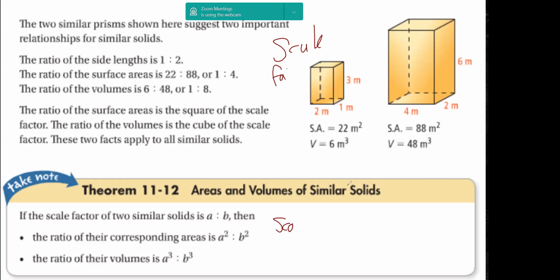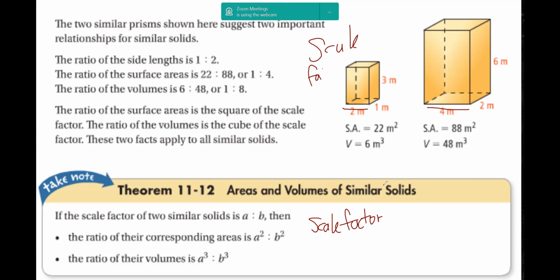Since they are similar, if I write any corresponding lengths, they are proportional, so I can write the scale factor. Let's choose this one, 2/4, or 1/2, or 3/6. Choose any one of them. The scale factor is 1 over 2.